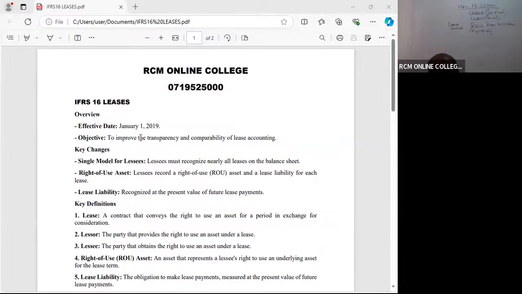What are the key changes from the old lease standard? Number one, we have a single model for leases. Lessees must recognize nearly all leases on the balance sheet.